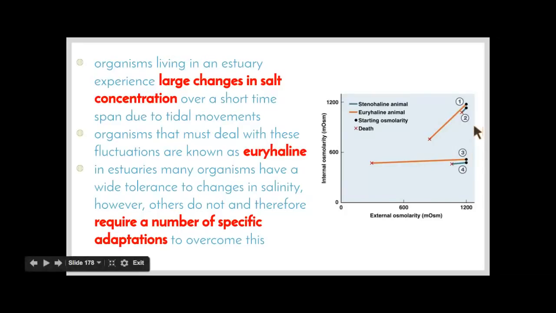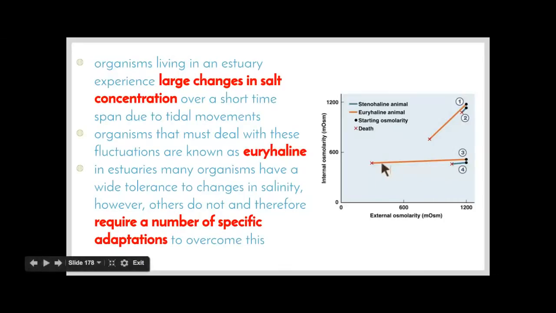As we can see here, we've got a number of different organisms, just examples to show you how the external osmolarity, or the external change in salt concentration, relates to the internal. Here we have an organism that changes their internal salt levels in relationship to the external. And here we have an organism that keeps it fairly constant.